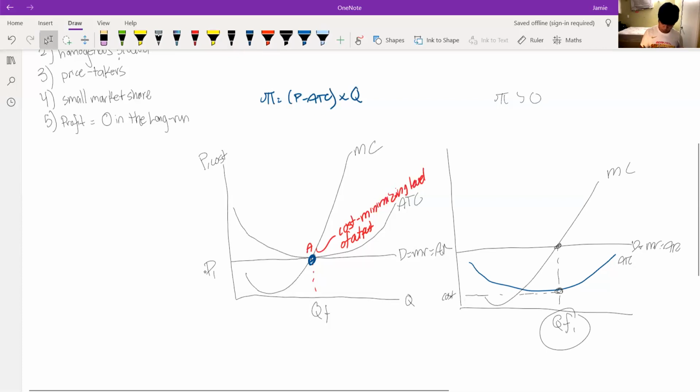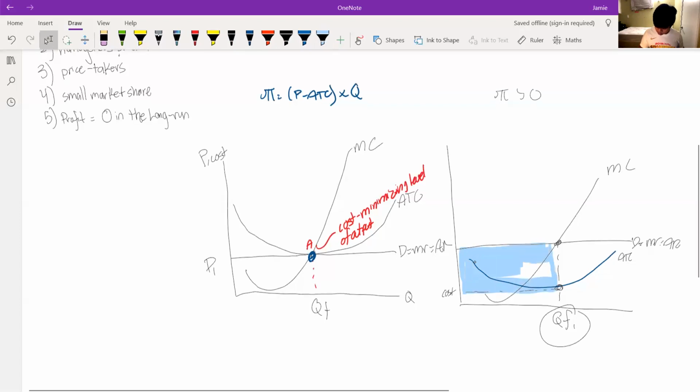So let's call it P1. And that revenue, or that profit, this is economic profit, it's right here. And that's pretty much it for this firm in the short run having positive economic profit. Illustrate another scenario.